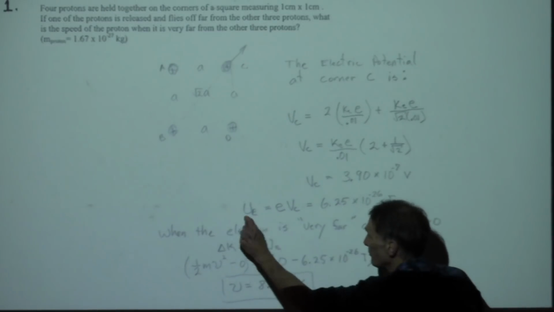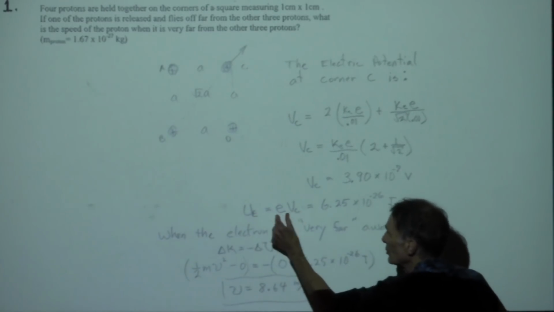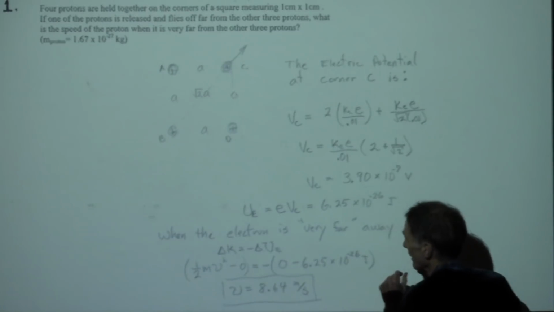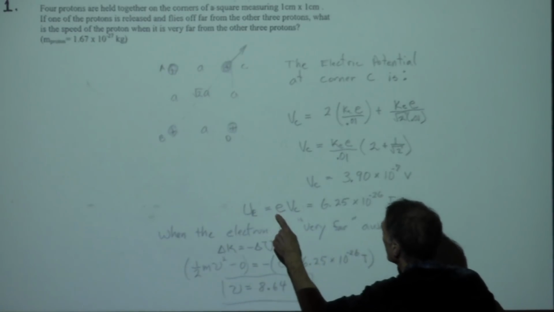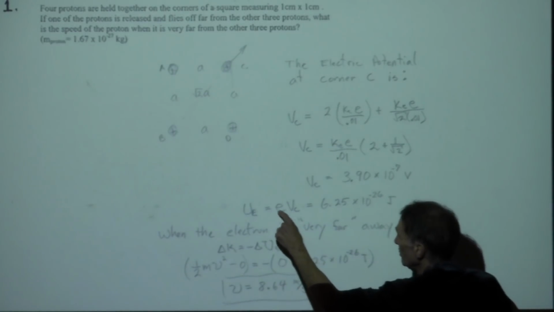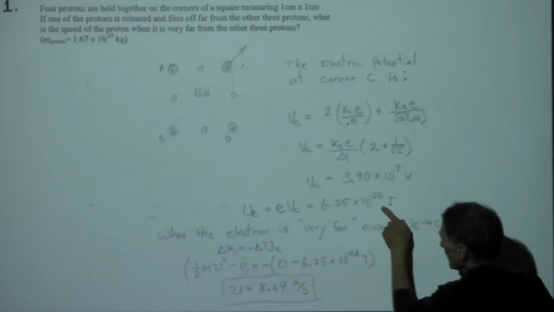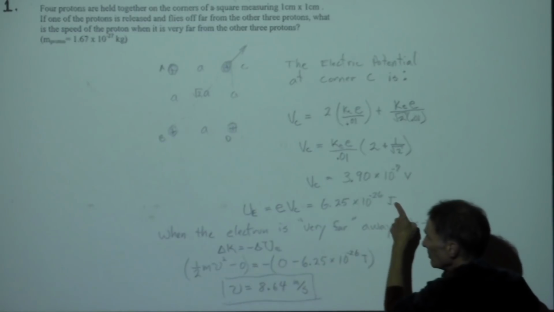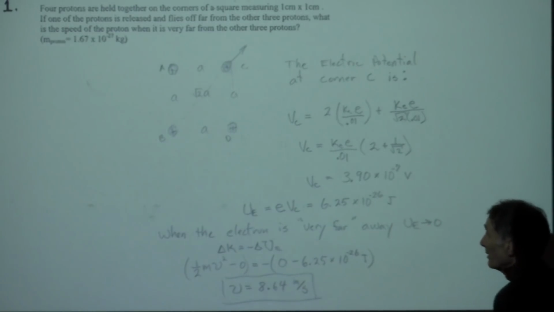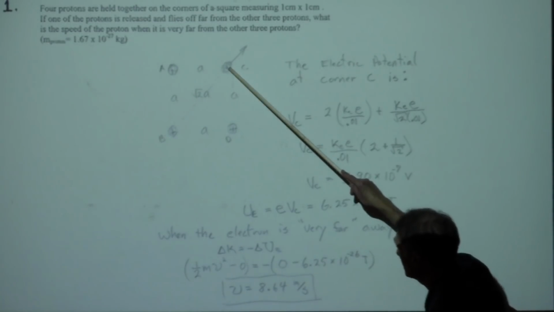Then we can get the electric potential energy by taking the charge times that electric potential. I crunched the numbers there too: 1.6 times 10 to the minus 19th times that number, and we get this as the potential energy. So that is the potential energy at that point.